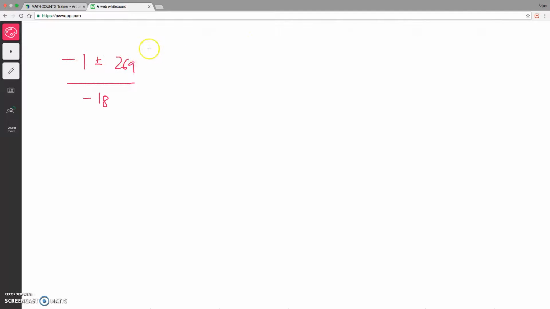So now we have, let's see here, I think I made a mistake. This should be positive. Sorry about that, guys. 270 over negative 18. And that's going to equal negative 15.